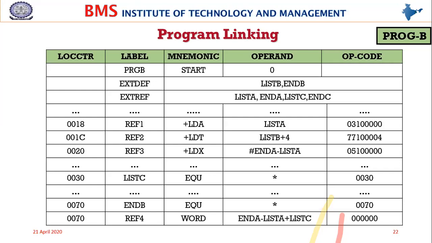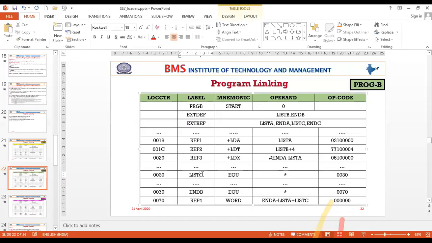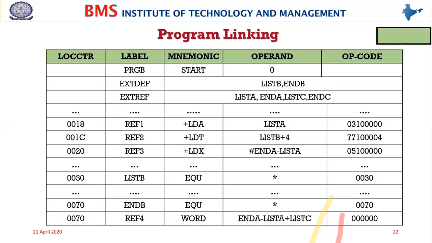NDA is an external reference defined in program A, and list A is also an external reference defined in program A. So similarly here, list B definition is appearing at 0030, which is equal to star, meaning the current address, that is 0030.